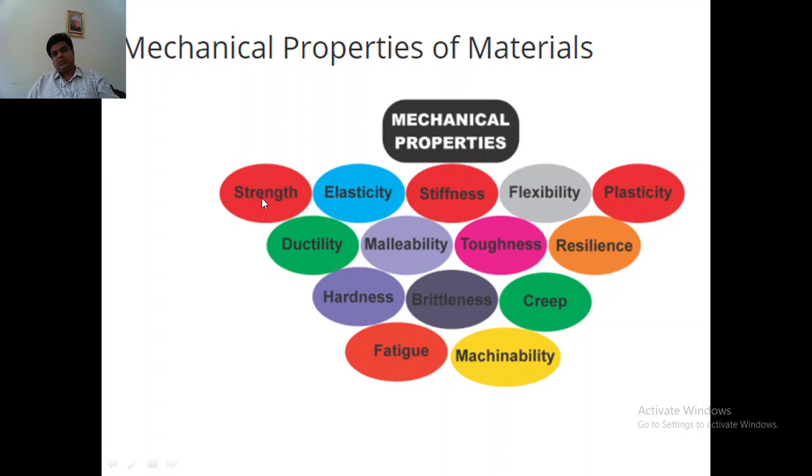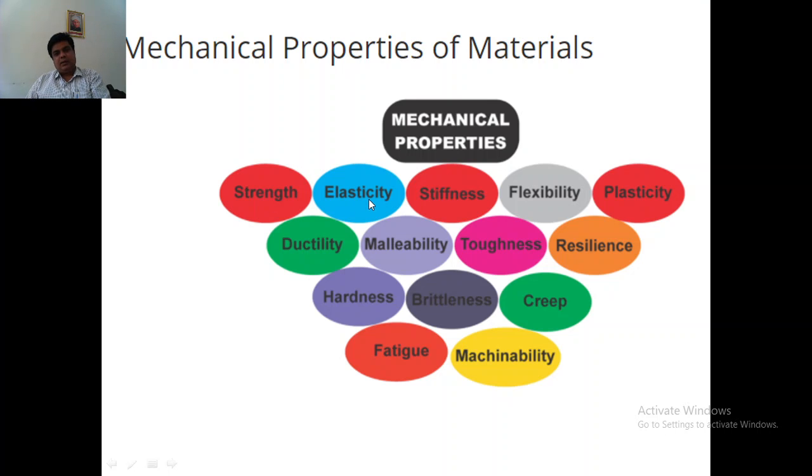The first one is strength. All of you know about strength. We use the word strength in our daily life under different conditions. Strength is basically how the material reacts to the force, or how much capacity the material has to hold that force or load.